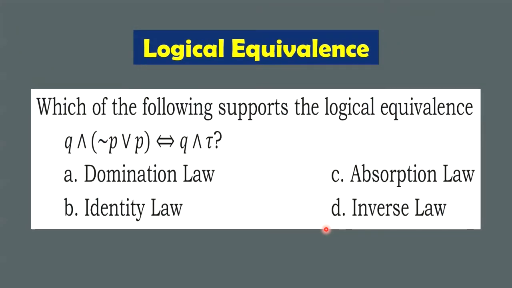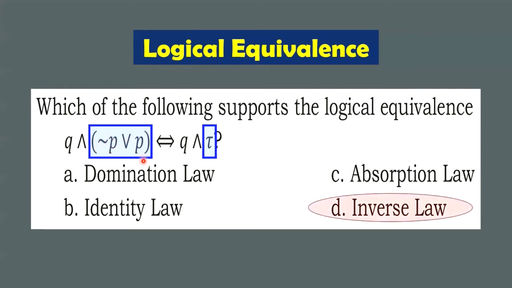Here, which law supports this logical equivalence? Nakita nyo ba to? Yung not P or P, pinalitan ng tautology tau. So, anong tawag nga ulit kapag yung original proposition, kinonect natin with its negation? Ang tawag doon, inverse law.